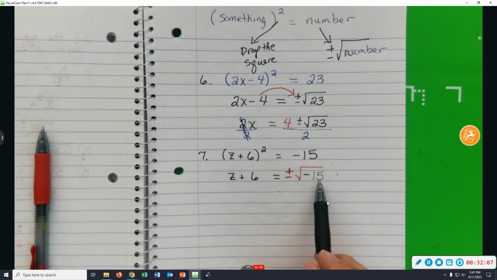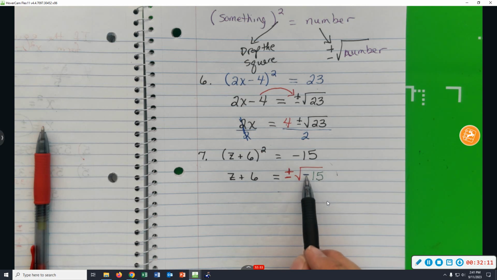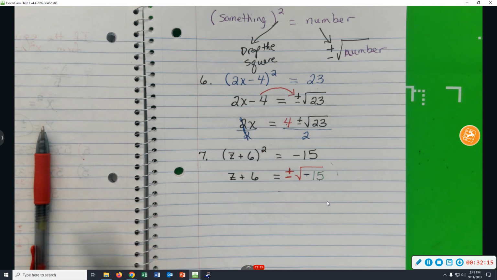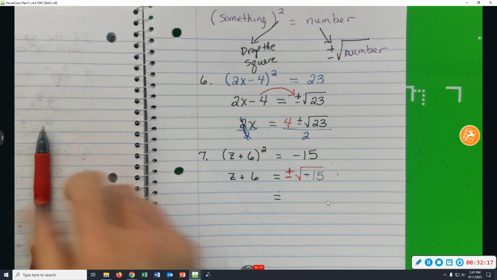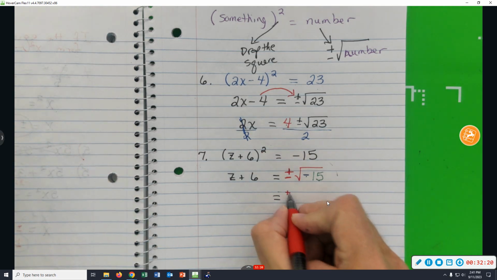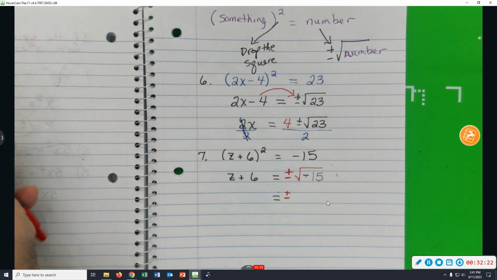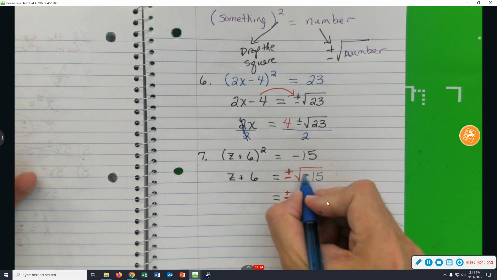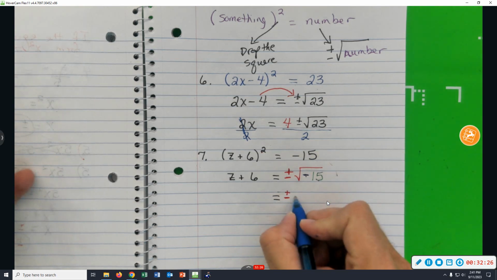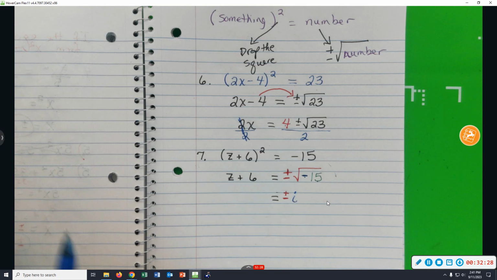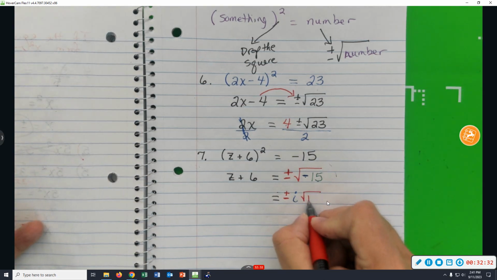We can't simplify the square root of 15. But we can turn that negative into an i. Did y'all hear that? So on the right hand side I have the red plus minus. And I'm about to write a blue i because I'm saying this blue negative symbol here is what gives us that i. And then we have square root of 15.